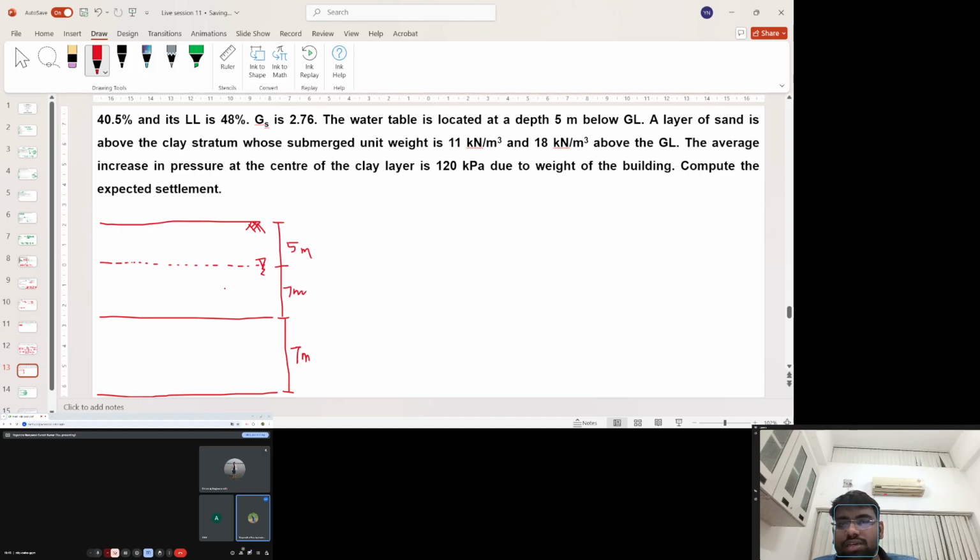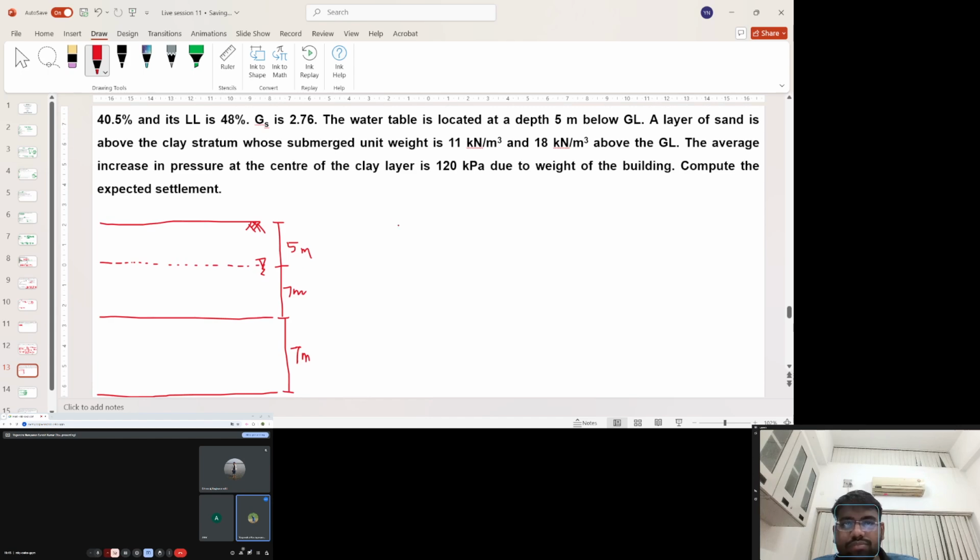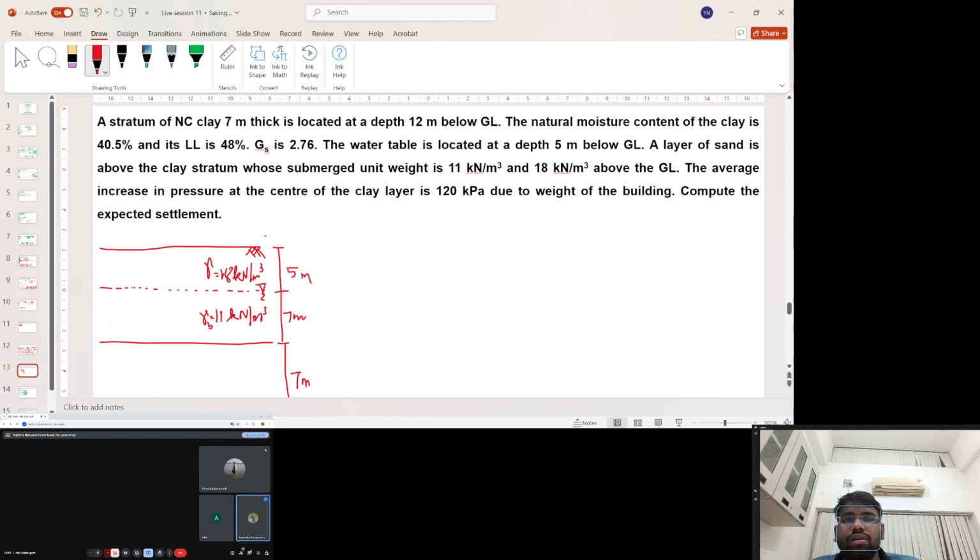Now this is sand. Submerged unit weight gamma dash is 11 kilonewton per meter cube. Here gamma is 18 kilonewton per meter cube. What is gamma W, sir?